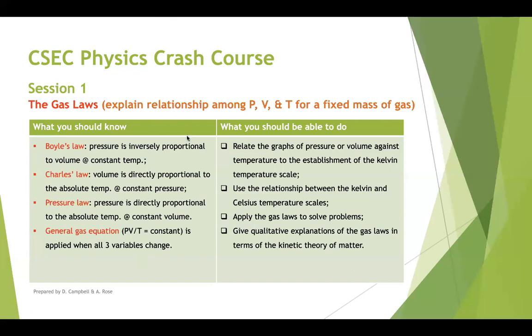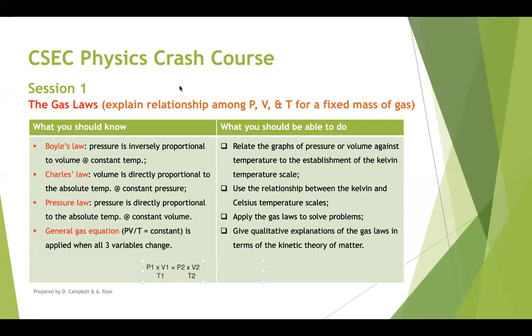Okay. So I think we have a little bit of time. So for instance, notice that for the general gas law, basically you'd say P1 times V1 all upon T1 is equal to P2 times V2 all upon T2.